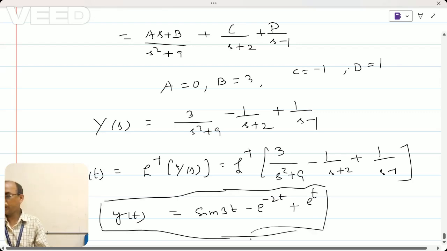So we can apply the Laplace transformation to solve the ODE.